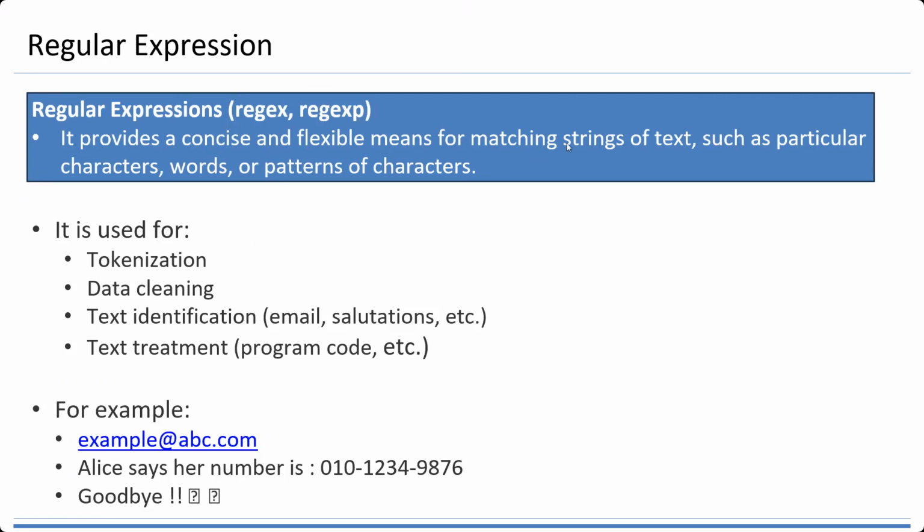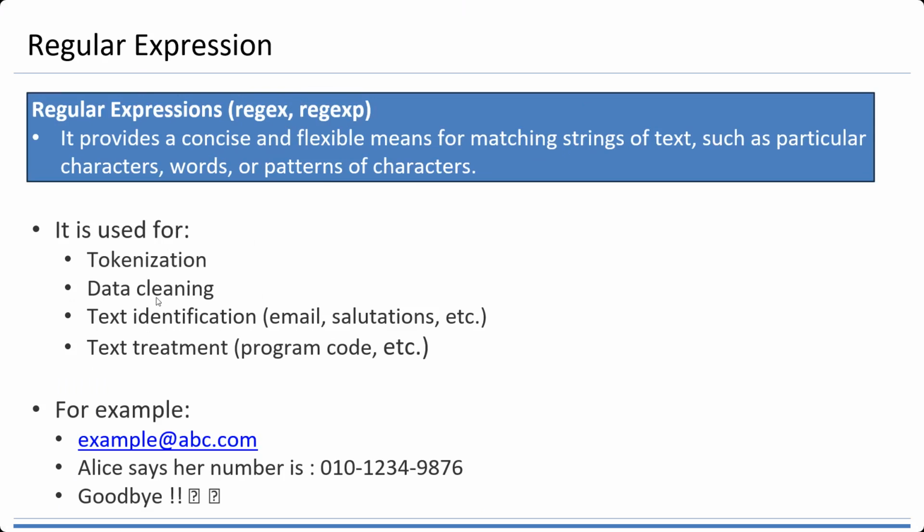Because we are going to use data with text in it, most of our data are strings. And there will be some particular characters, words, or patterns of characters. So the regular expression, usually we use it for tokenization.